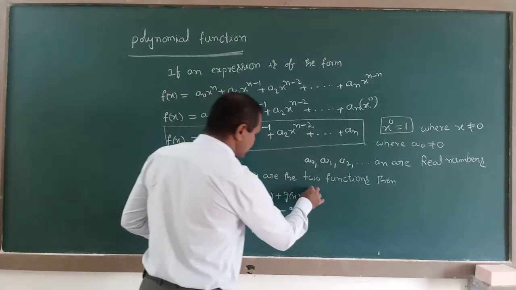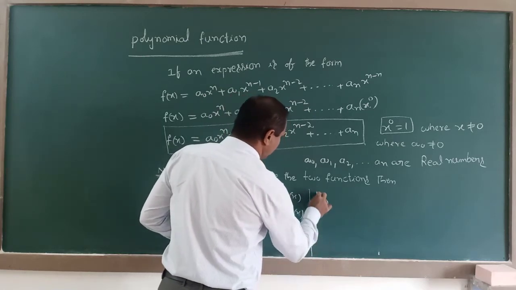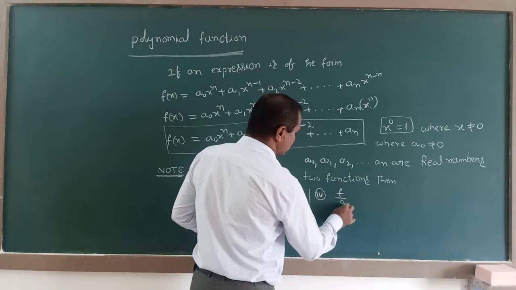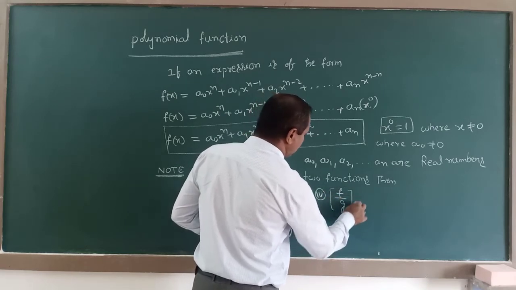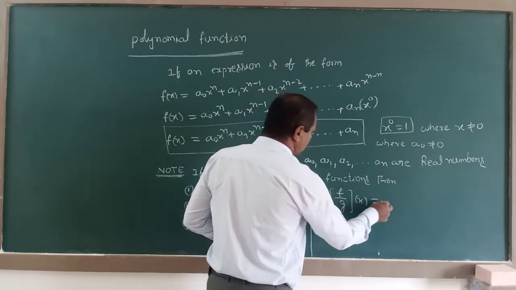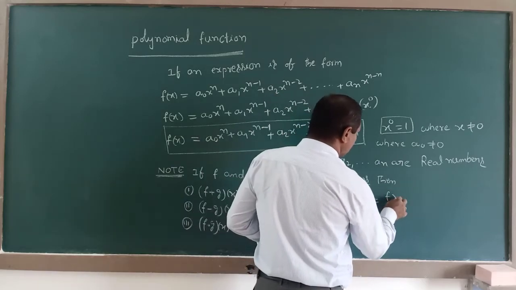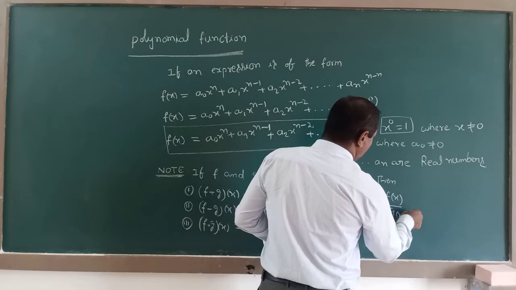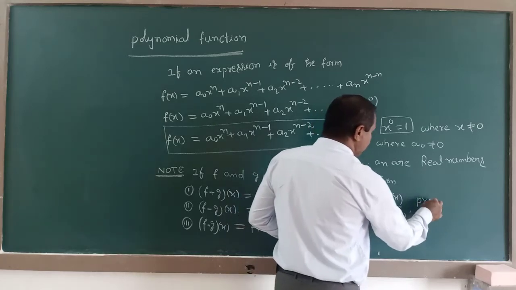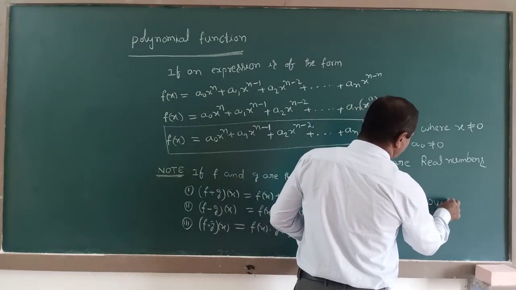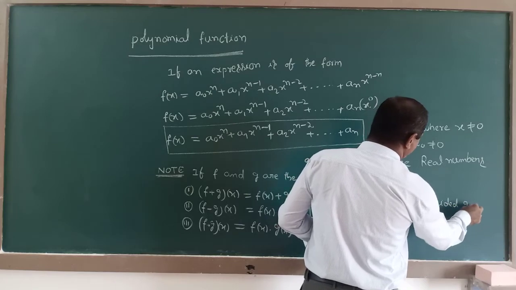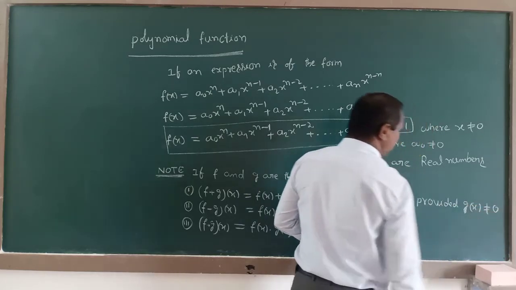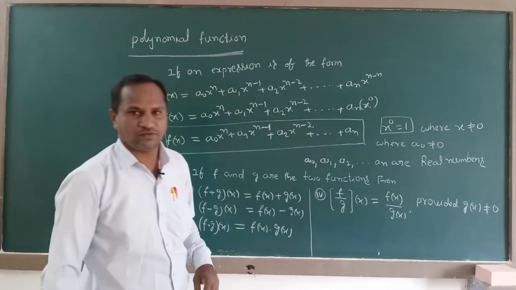And fourth one is f by g of x. f by g of x is equal to f of x whole divided by g of x, provided g of x is not equal to 0.